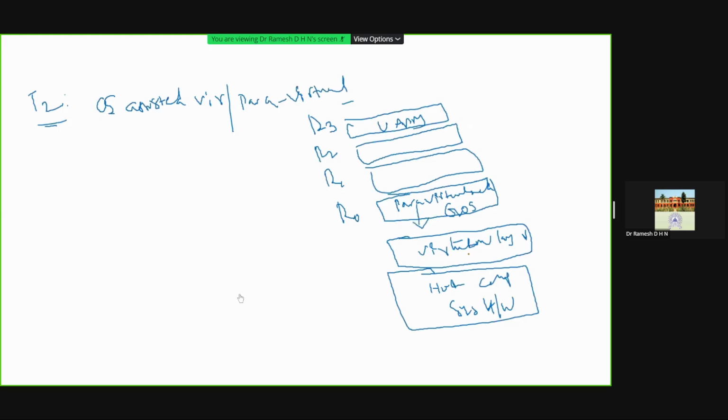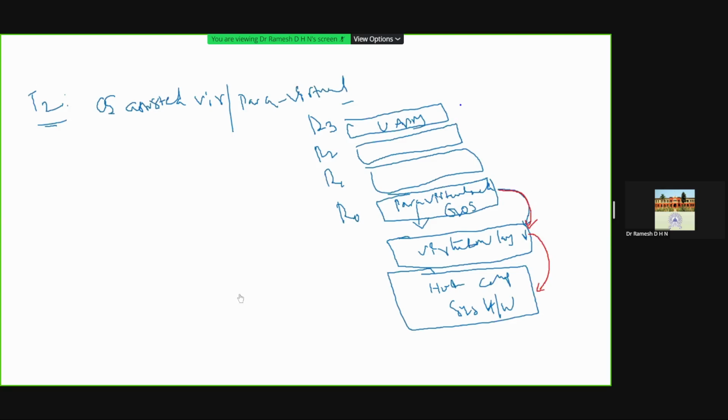Now, as usual, I'll continue the process. Let me maintain the flow. In order to have the communication, the guest operating system will communicate with the virtual layer, and the virtual layer will communicate the preferences of the guest operating system to the host hardware. This is one.